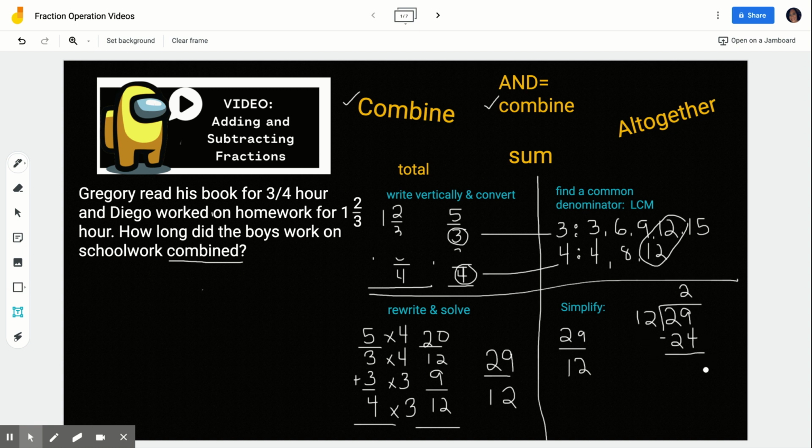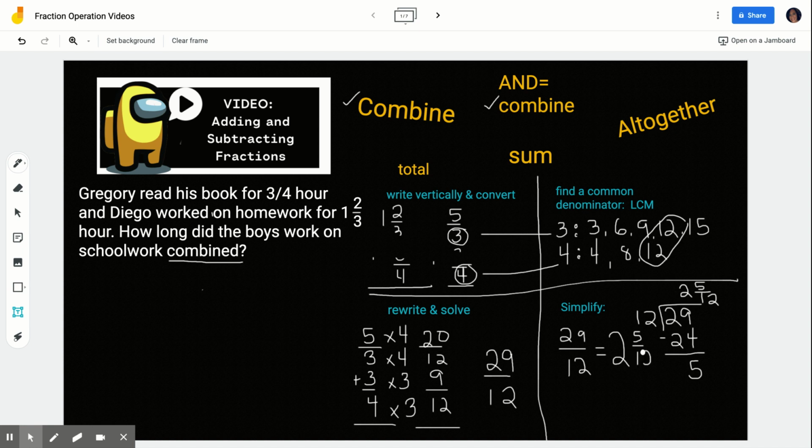So 29 take away 24 gives me a remainder of 5, but 5 is not a remainder when we're working with parts. Instead, it becomes the numerator. So we have 5 parts left over out of 12 parts. So 29/12 has the same value as 2 wholes and 5 out of 12.